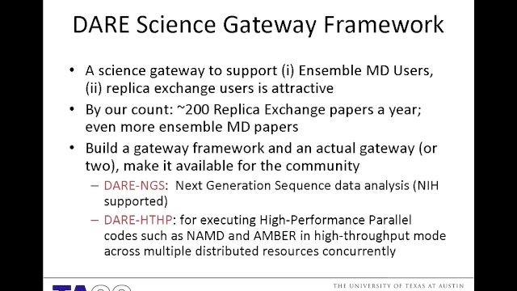We have therefore helped build two gateways, the Dare NGS and the HTHP gateway. The Dare NGS is the next generation sequence analysis gateway, and it is NIH supported. The HTHP is the high performance, high throughput parallel code gateway that runs NAMD and AMBER across multiple distributed resources all at the same time.